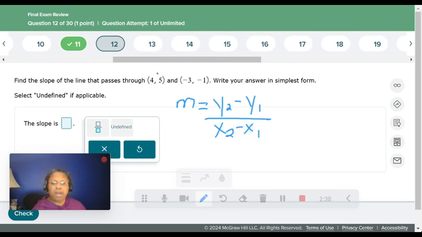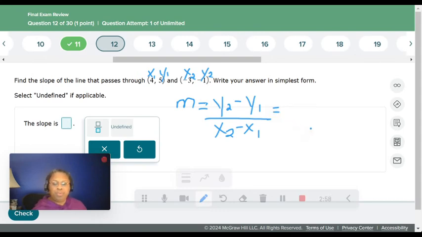So let's label our points. This is x sub 1, y sub 1, x sub 2, and y sub 2.